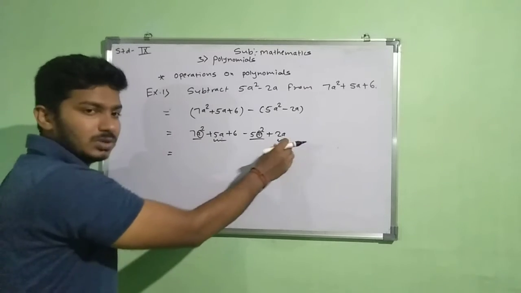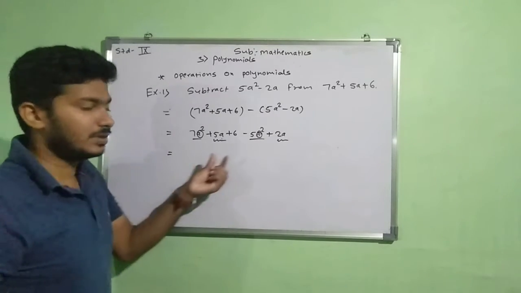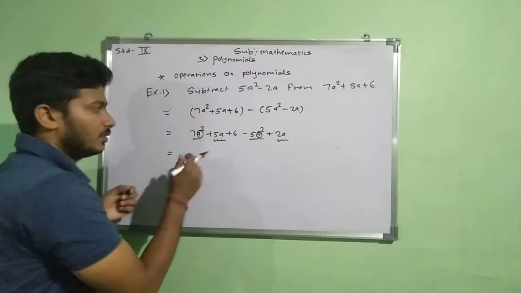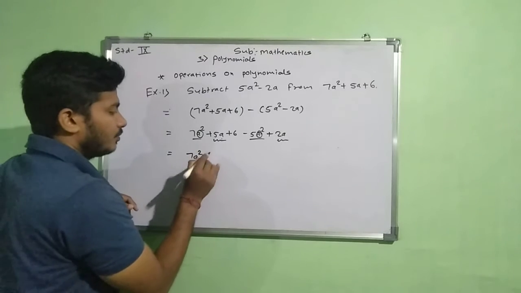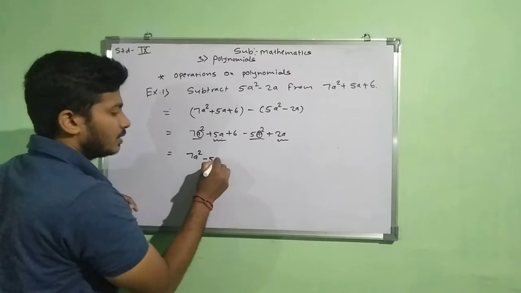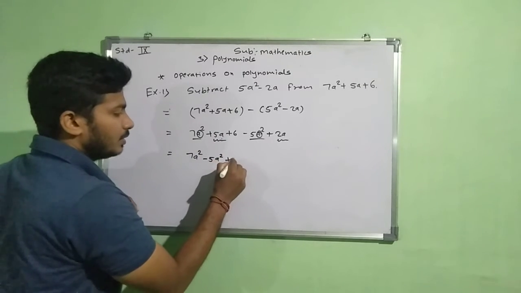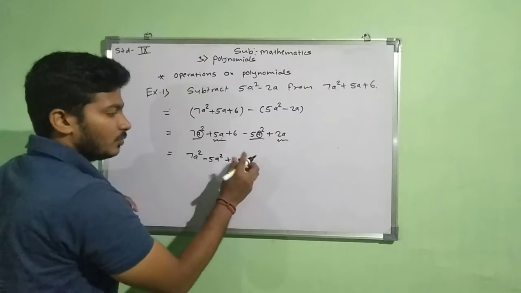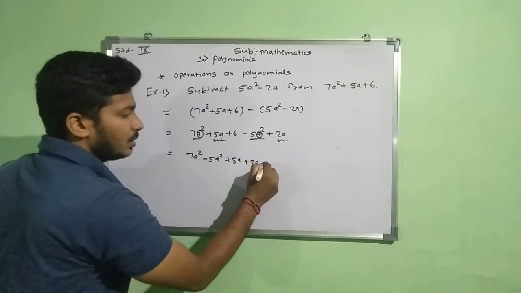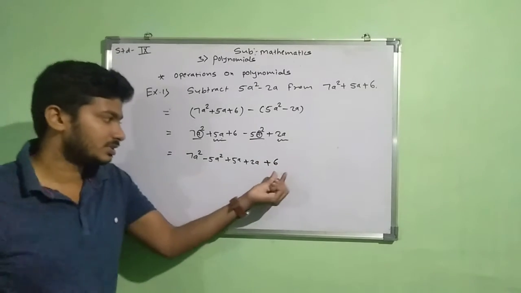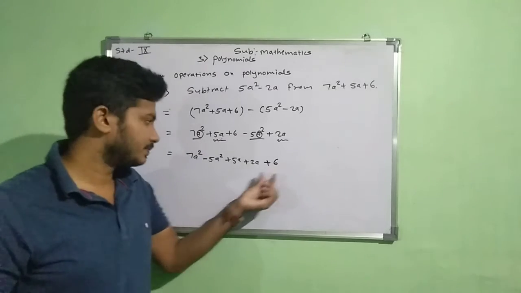So these two terms are also like terms. Whichever terms are like, we will write together. That means 7a square minus 5a square plus 5a plus 2a plus 6. The constant term will be at last.